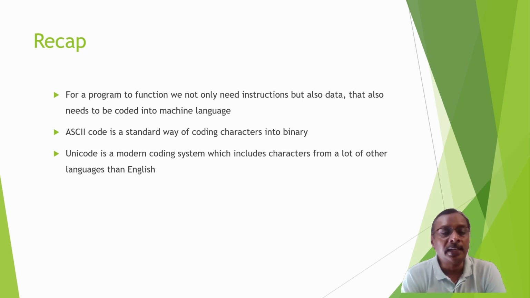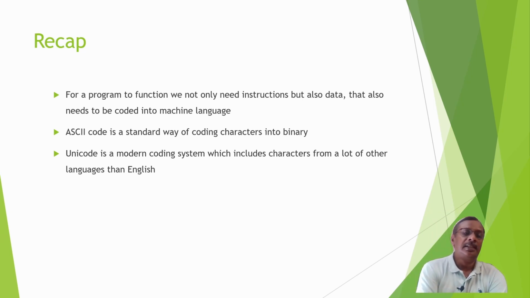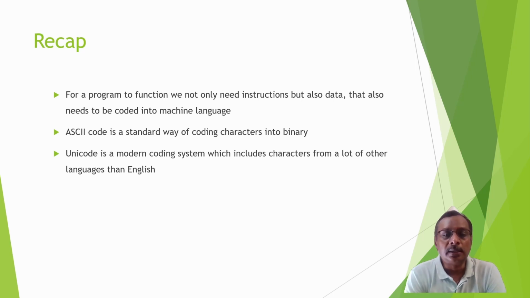Before that, the recap of the last session, where we saw that for a program to function, we not only need instructions but also data. We saw an example of adding two numbers: the two numbers we input are the data and the plus symbol is an instruction.